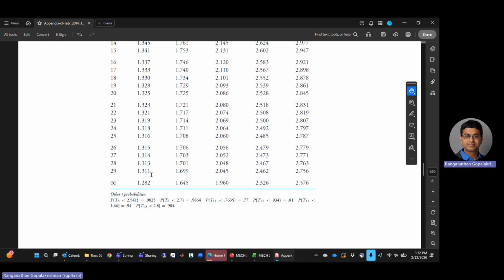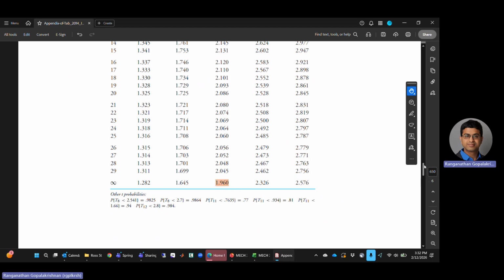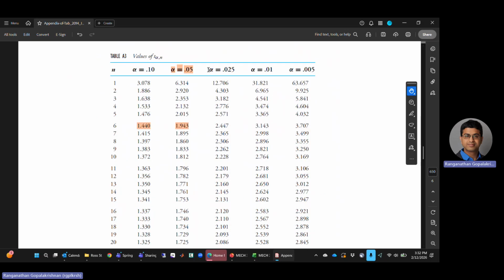Look at all of these numbers. 1.96. Just remember that number. And go up here. This is alpha equals 0.025.